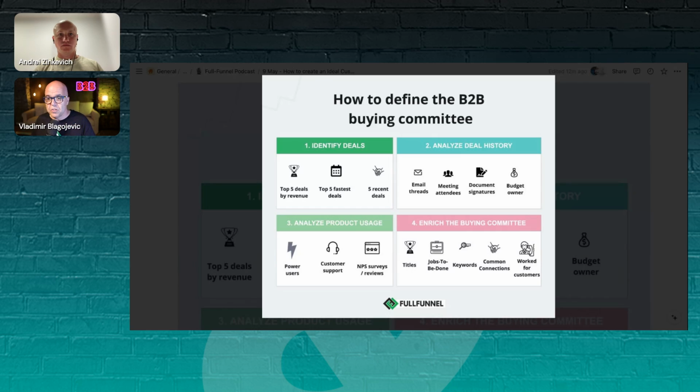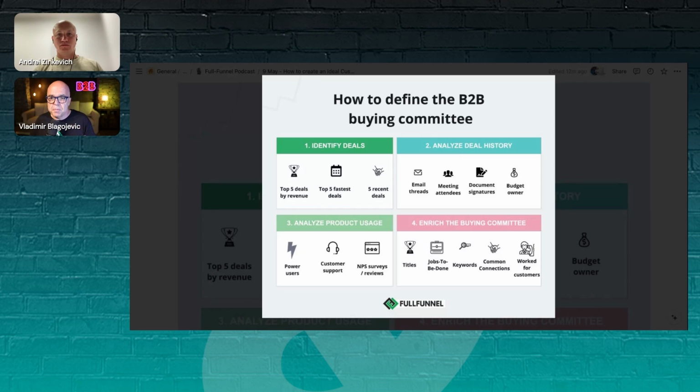What you also want to understand is the common connections you have with those buyers, and if those have worked for customers. So if, for example, your target buyers are working for a former customer of yours, these are the connections that you can then leverage when you're reaching out to the new buyer.